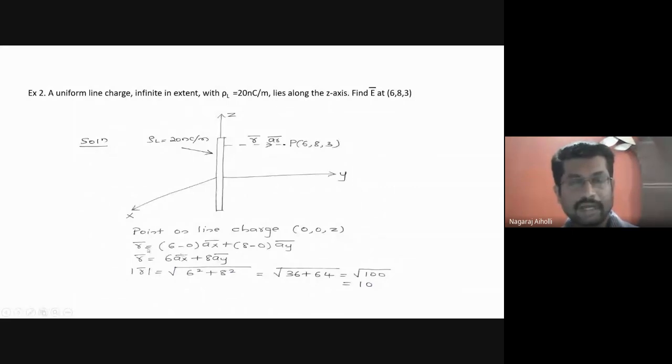Therefore, r bar will be equal to 6 minus 0 into aX bar, plus 8 minus 0 into aY bar. The z coordinate we are not considering, because the charge is lying on the z-axis.